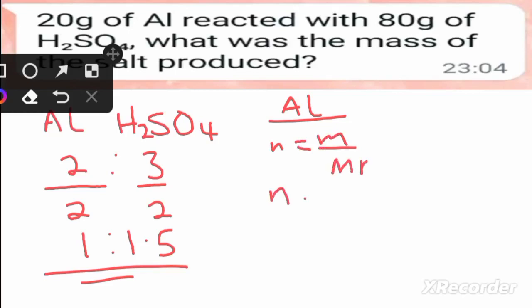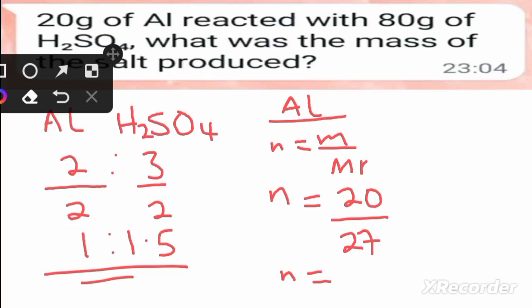So the number of moles is equal to the mass we are given, which is 20 grams, over the molar mass of aluminium, which is 27. So the number of moles of aluminium is equal to 20 divided by 27. You are free to take your calculator and help with the calculations.